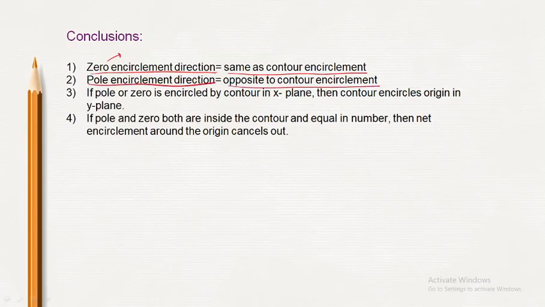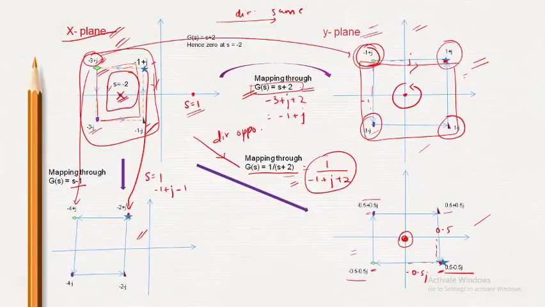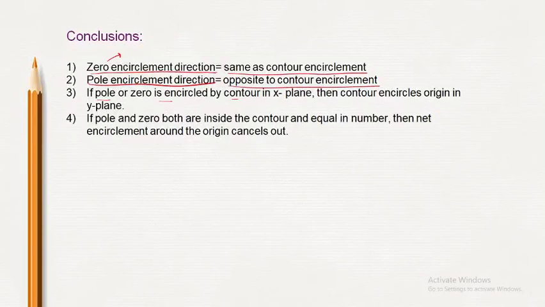Now if a zero or pole is encircled by the contour in the s-plane, like the first and second cases where zeros or poles were inside the contour, then the contour encircles the origin in the y-plane. So encirclement of the origin will be there when the pole or zero is encircled by the contour in the s-plane.